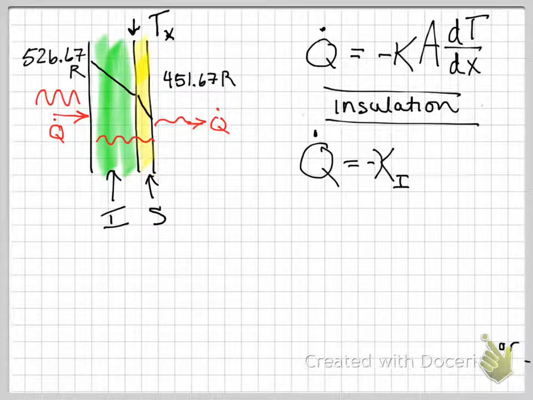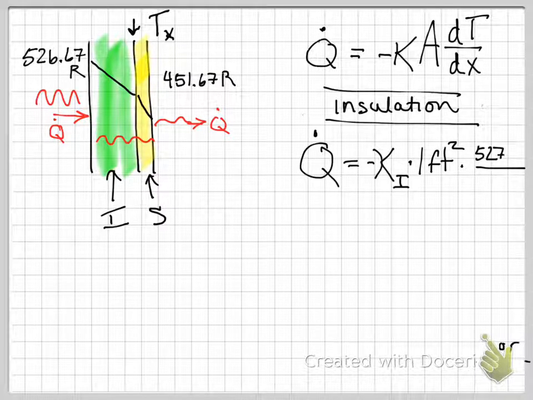I won't write all of that out just now. We aren't given an area, but we can assume that this area would be the same for both sides, or we can use a nominal area of 1 square foot. The dT over dx is going to be, the change in temperature here is going from 526.67 Rankine to whatever Tx is.